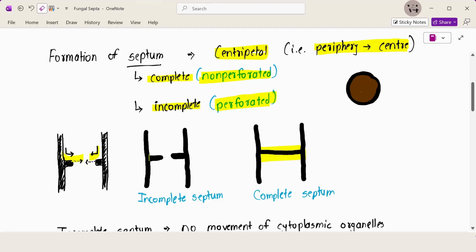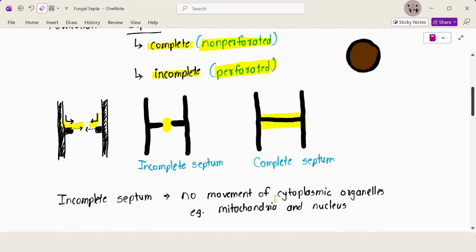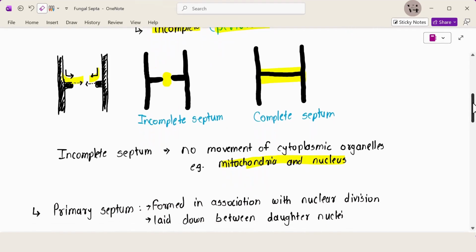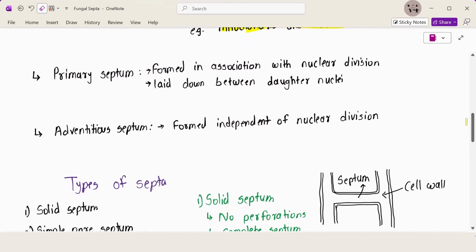Incomplete septa have pores. These pores are vital because they allow the movement of cytoplasmic organelles such as mitochondria and even nuclei between compartments.